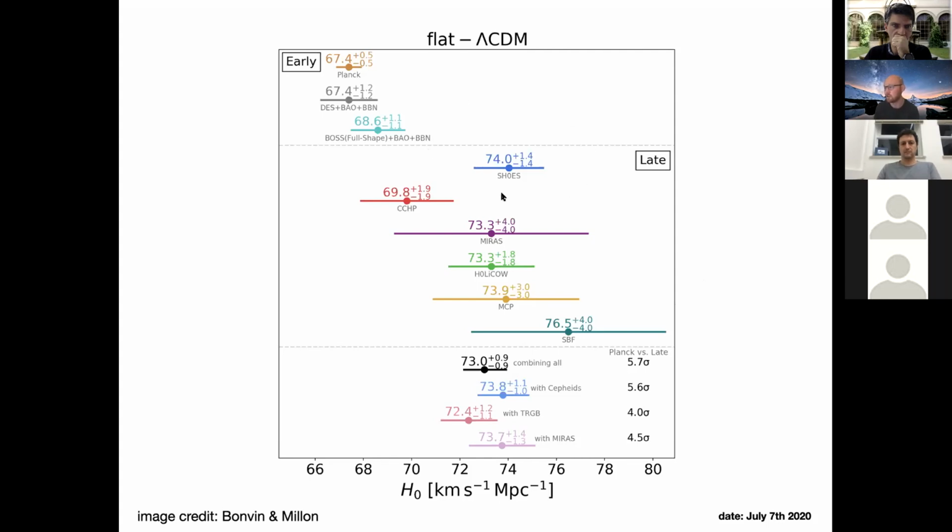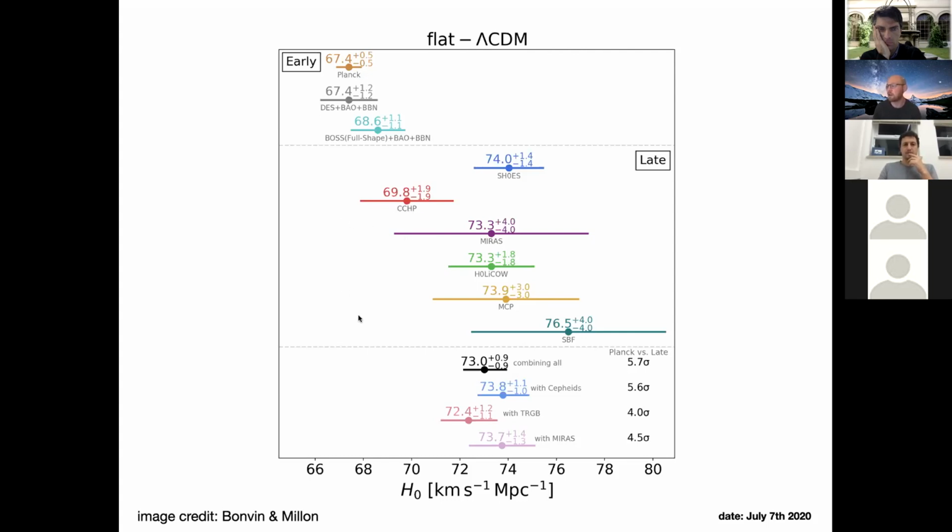This is the SH0ES team, the most prominent advocate for the tension in terms of the precision and the value they got. Then we have the Carnegie-Chicago Hubble Program team around Freedman and Madore. They use the tip of the red giant branch to calibrate, and they get a value more consistent with what is quoted by the large-scale cosmology experiments.